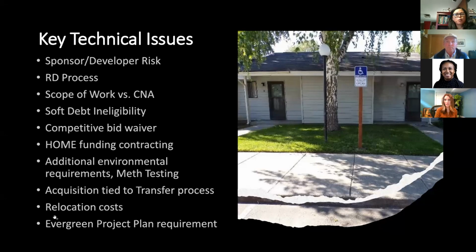And with preservation, as you know, there's always challenges and technical issues that we encounter. And we just want to mention a few that we have seen through the progress of Sunnyside Manor 2. One of them would be the sponsor and developer risk, because it does take a long time from beginning to end to complete a preservation project.